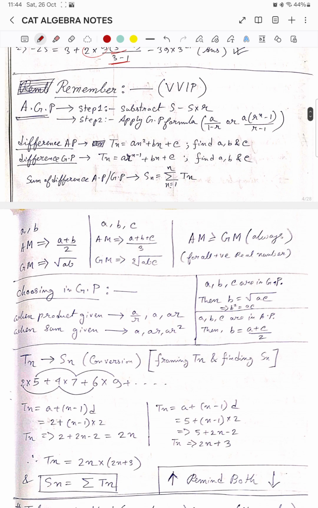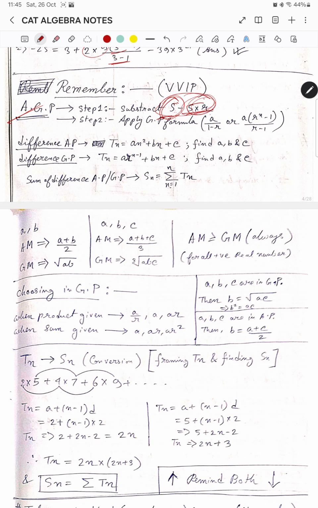And this was one of the important things. With an AGP series, or a difference AP AGP series, the first thing is to subtract S, the sum of n terms, with S into r, which is multiplied with the common ratio.